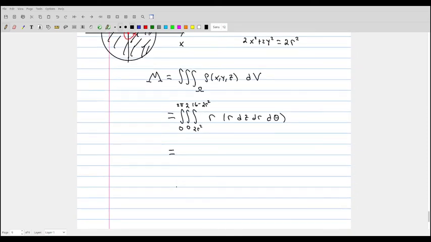So the triple integral that we have to evaluate is the integral from 0 to 2 pi, from 0 to 2, and then from 2r squared to 16 minus 2r squared of r squared, dz dr d theta.